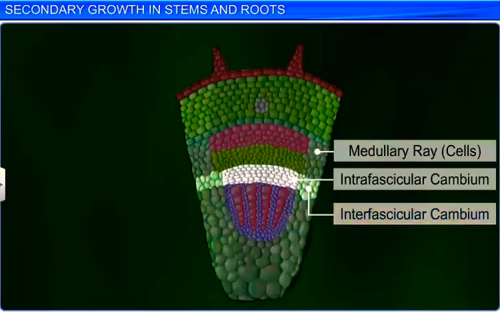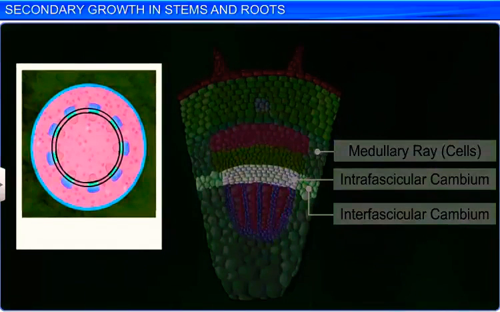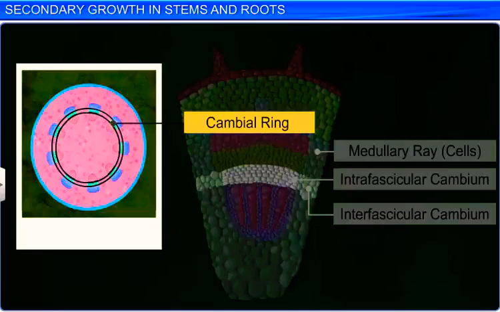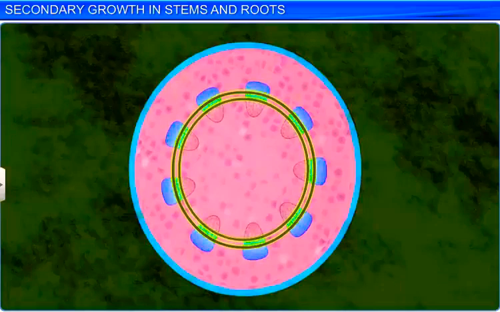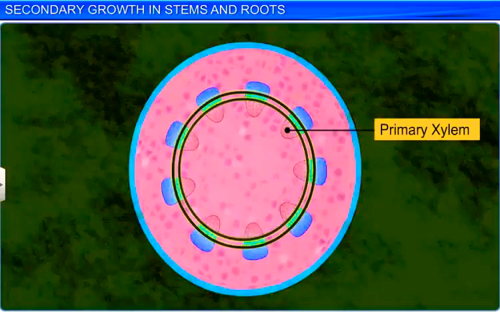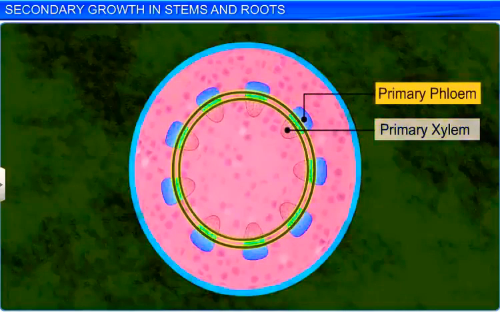Thus, the fusion of intravascular cambium and the intervascular cambium results in the formation of a continuous ring of cambium or the cambial ring. At this stage, the cambial ring has primary xylem on its inner surface and primary phloem on its outer surface.